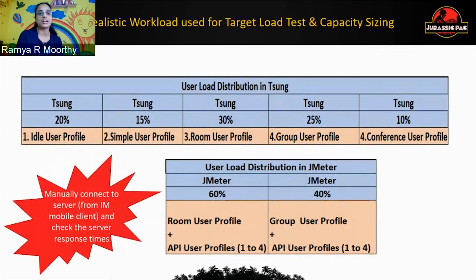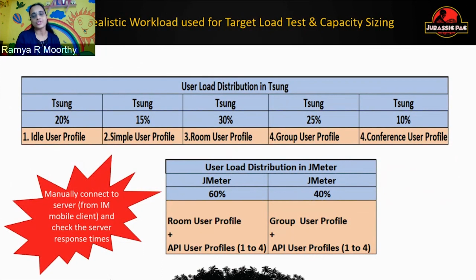So here comes the actual realistic workload now. When we want to run a realistic workload, we would have an XMPP workload coming in from my XMPP clients, and then we have the clients also making API calls. So for my database server, I have to have a realistic workload which combines the XMPP and API. So this is how we have done distributed testing in TSung and in JMeter.